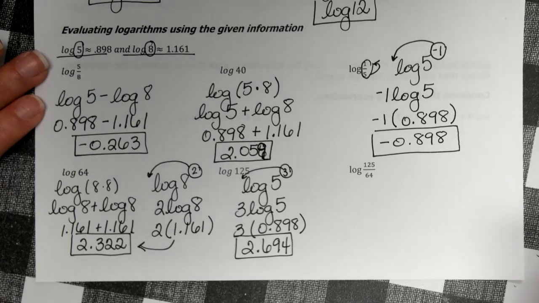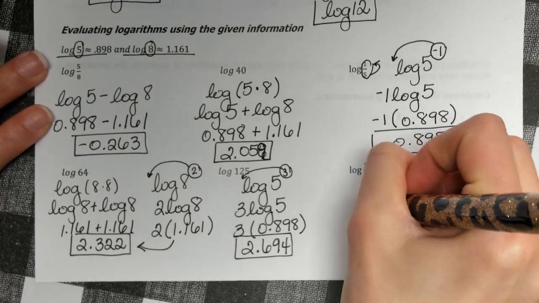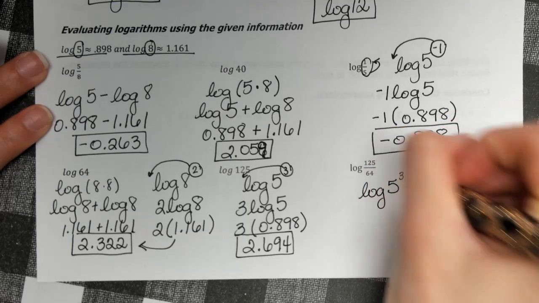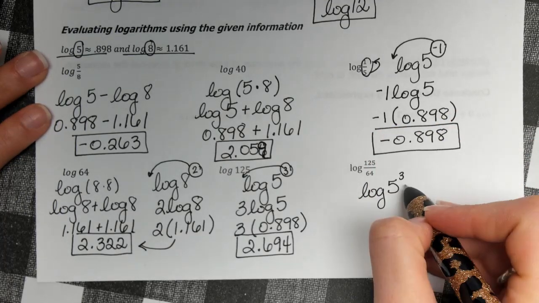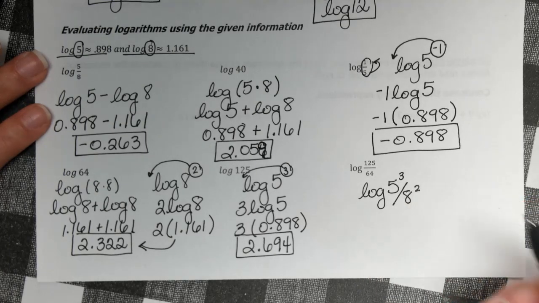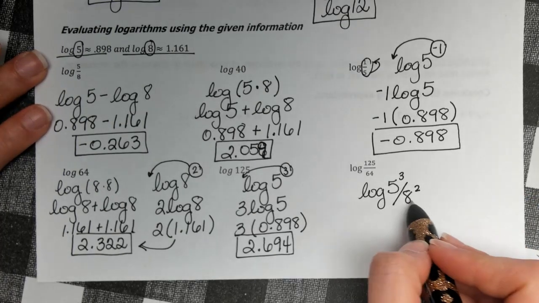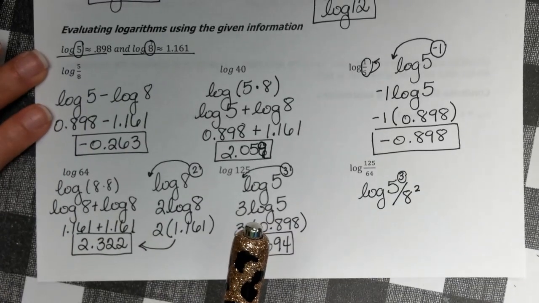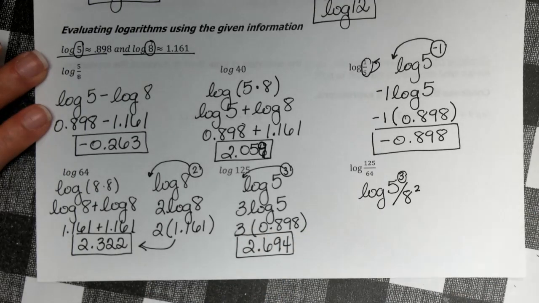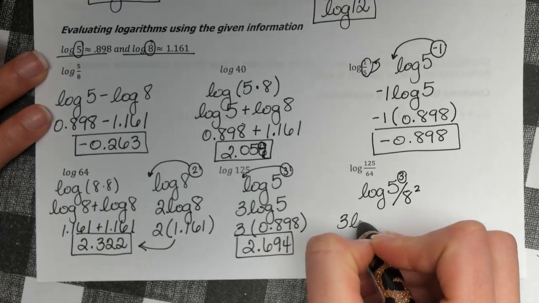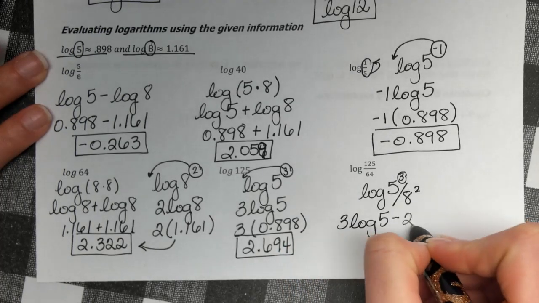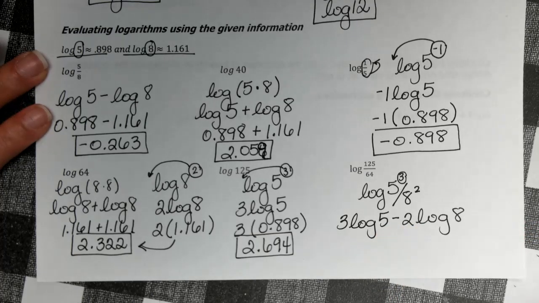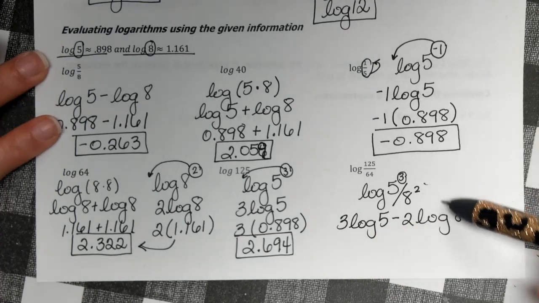So if I have log of 125 over 64, we know that log of 125 is 5 cubed, and 64 is 8 squared. So then I can separate that and say, okay, I know I have an exponent. My exponents come forward, right? We all know that. My exponents come forward. Anytime I divide, I separate it with subtraction. So you could go straight to 3 log of 5 minus 2 log of 8. I'm okay if you write this first step and then go straight to that.